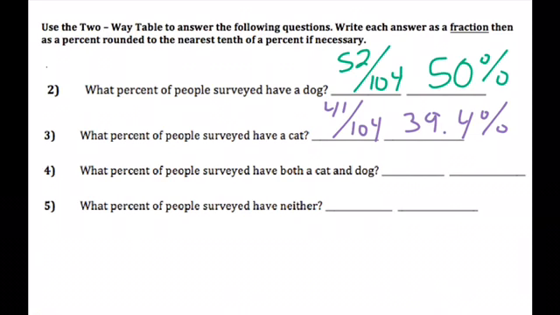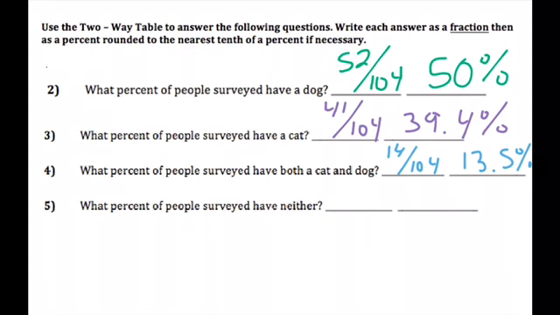Okay, percent of people that have both a cat and a dog. Well, 14 people had both a cat and a dog. So 14 divided by 104, and that as a percent should be 13.5%. Make sure you're putting these fractions in your calculator and that you're getting the same percents that I am.